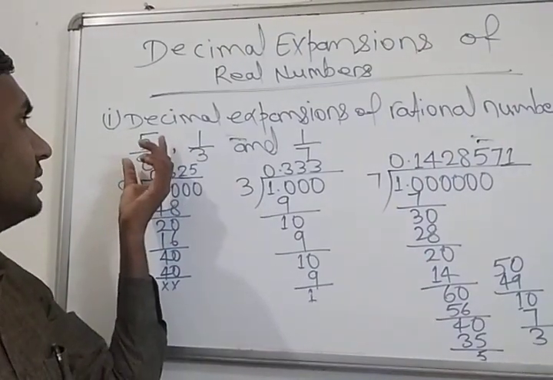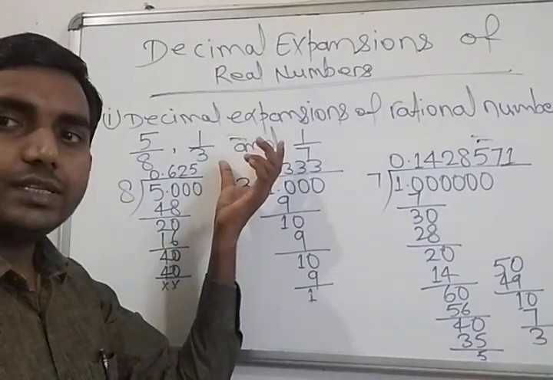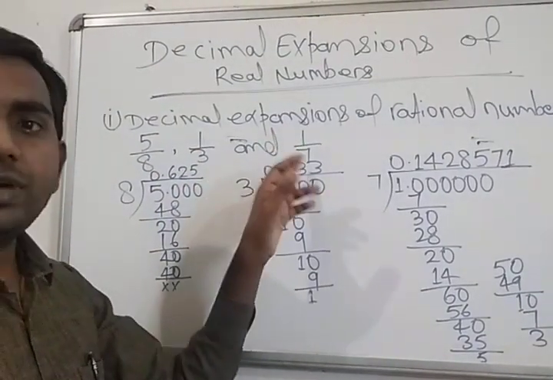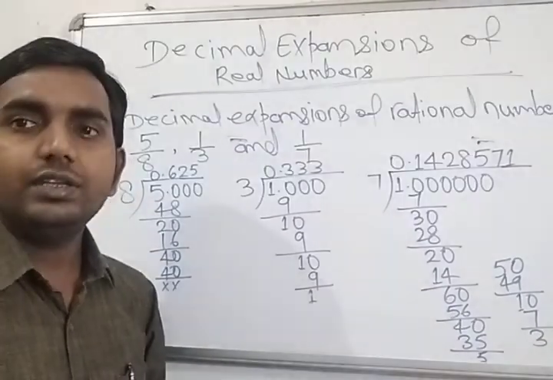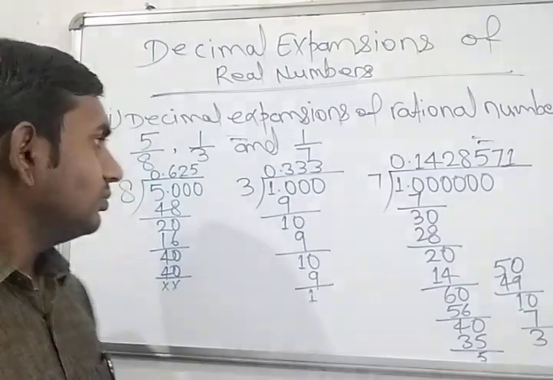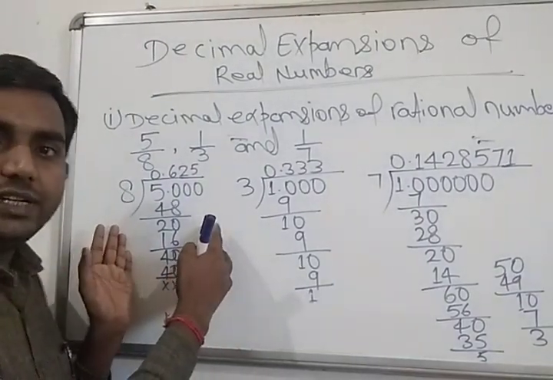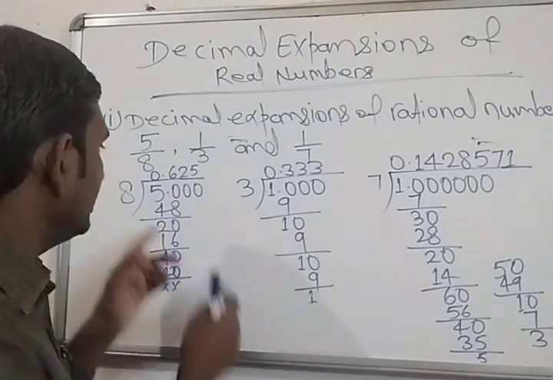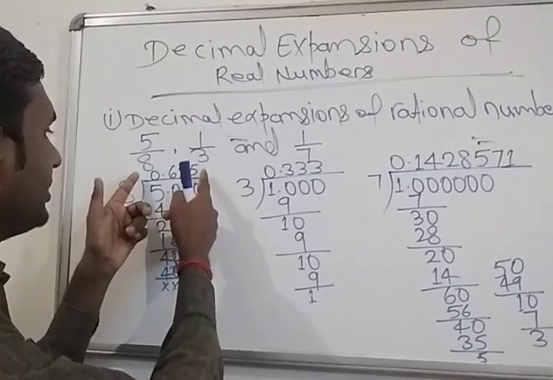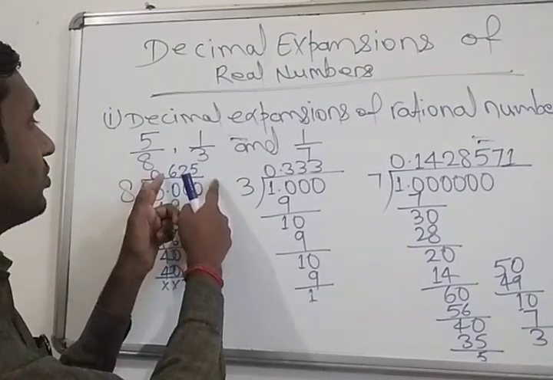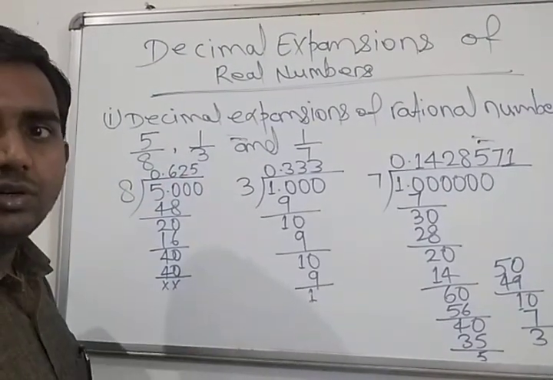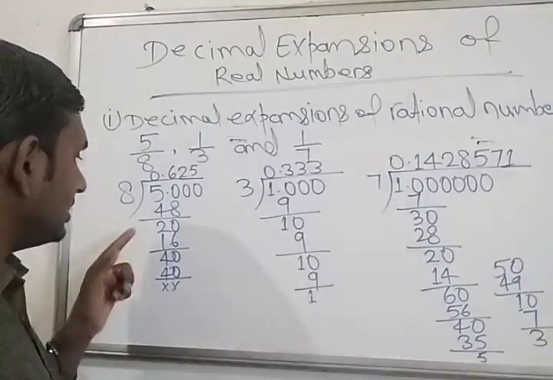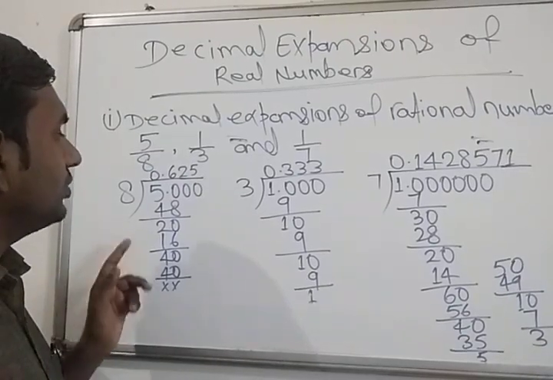Here, first, the decimal expansion of rational numbers. Suppose we have three different rational numbers such as 5 by 8, 1 by 3 and 1 by 7, and we want to find their decimal expansion. For this we have to divide. If we divide 5 by 8, after dividing we have a quotient 0.625, and in this whole process we find remainders 2, 4, 2 and 4.